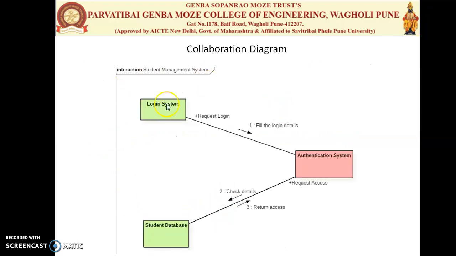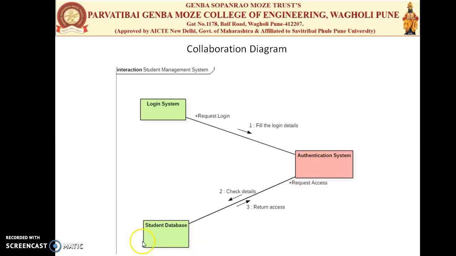Here there is a student management system in which the login system, authentication system and the student database are three objects communicating with each other. The plus request login is the public attribute of the login system. When the student logs into the system, the request goes to the authentication server. The authentication system is the object residing in the authentication server.